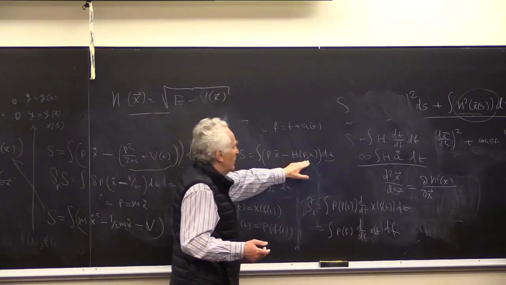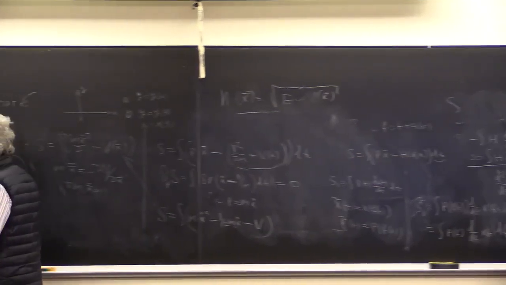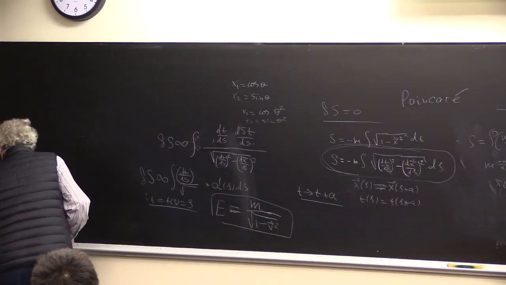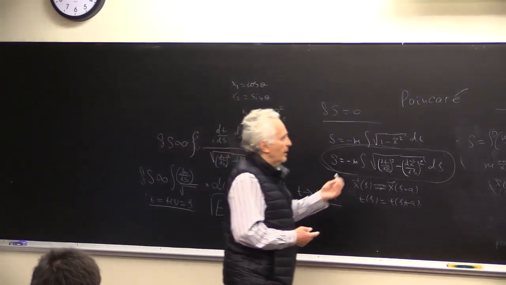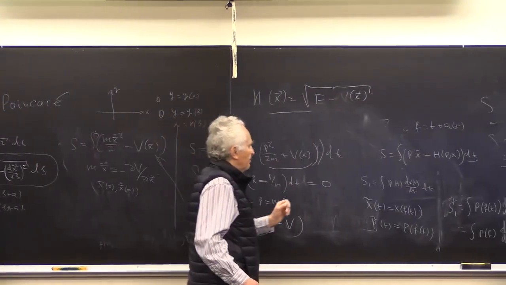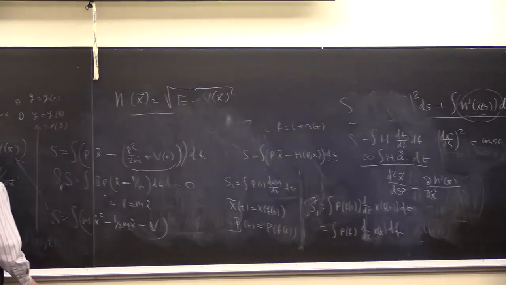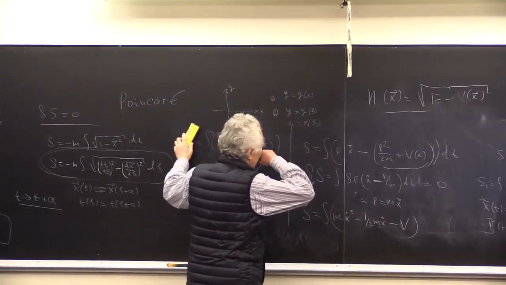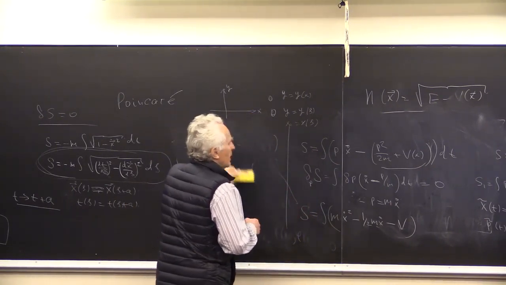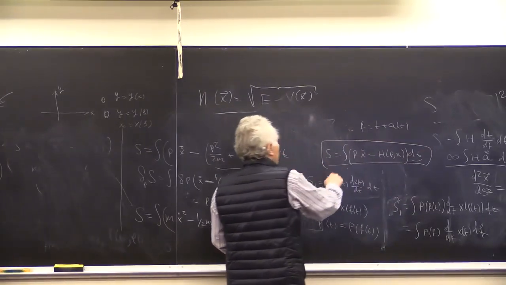But in all cases, it is just the energy because of this argument. Now we can safely replace this thing with a more general action, and we will generalize even this.